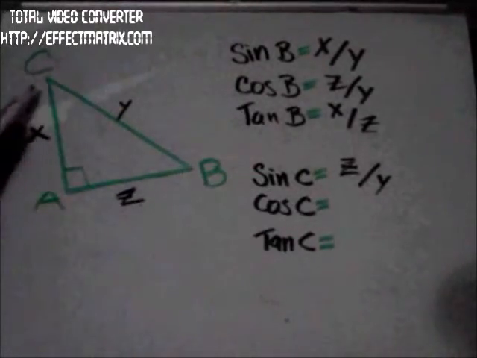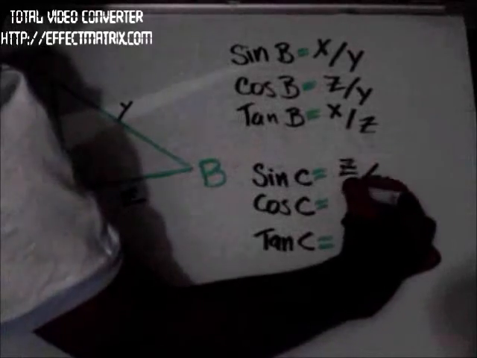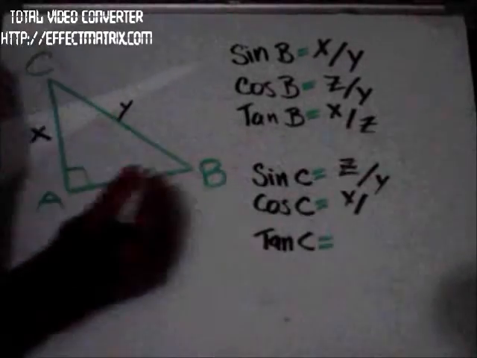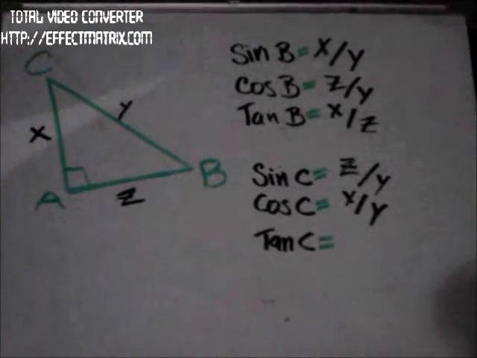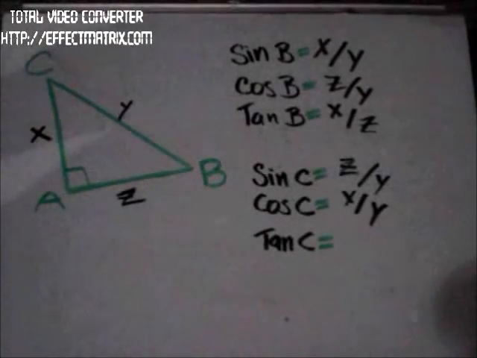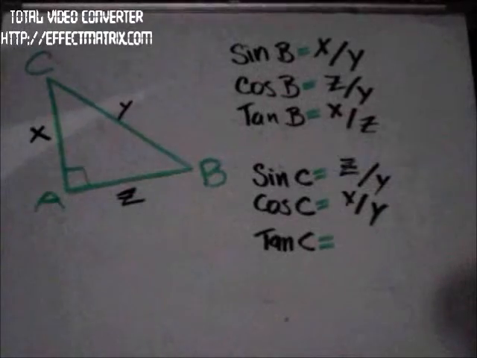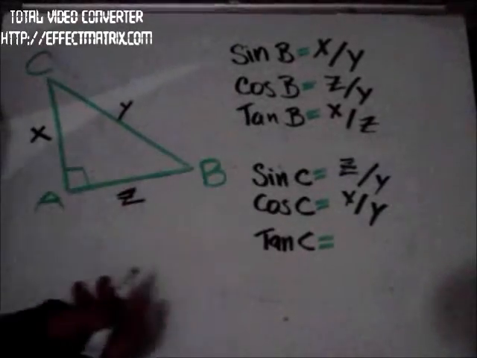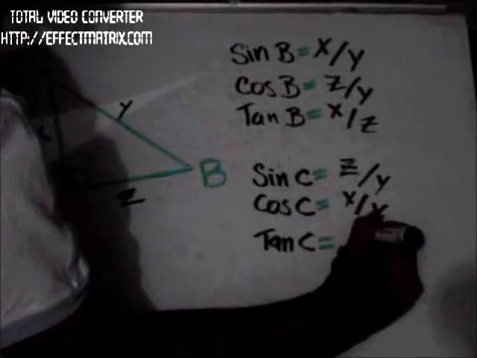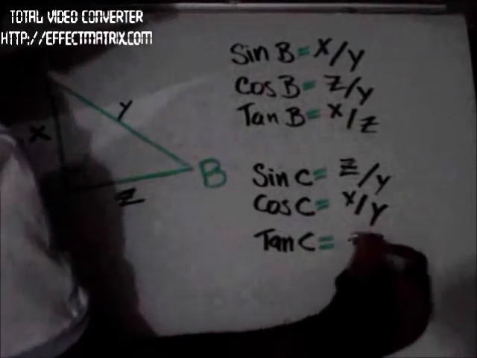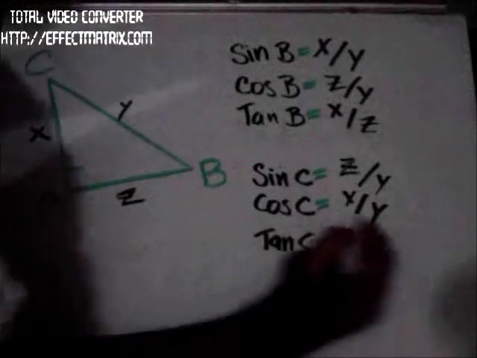Adjacent side would be X over hypotenuse, Y. And the tangent of C is opposite over adjacent sides. So, opposite side would be Z over adjacent side X.